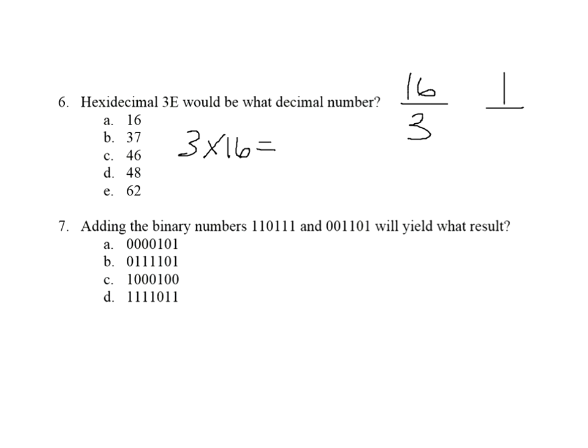Okay, what is 3 times 16? Do I need a calculator for that? Well, let's see, can we do that in my head? 3 times 6 is 18. Okay, 3 times 1 is 3, carry the 1, 48.